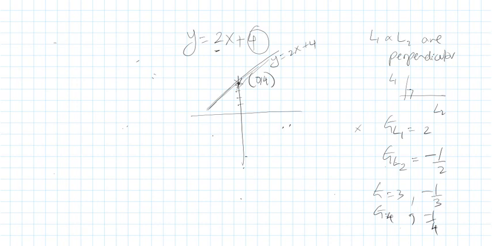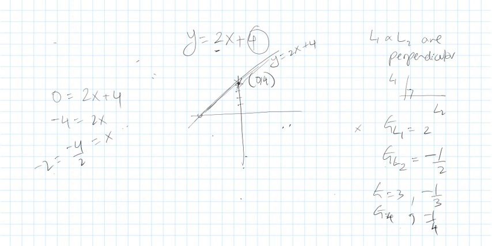Now, we can see that the graph is going down, it's going to cross the x-axis. We know that on the x-axis, y is always 0. So if I replace y by 0, I get 0 is equal to 2x plus 4, minus 4 is equal to 2x, x will be minus 4 divided by 2, which is minus 2.